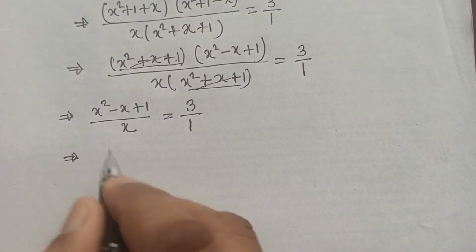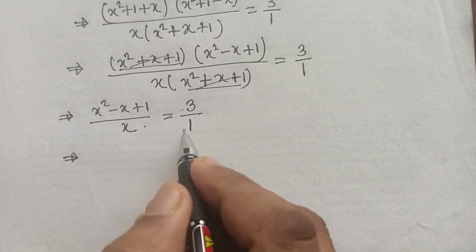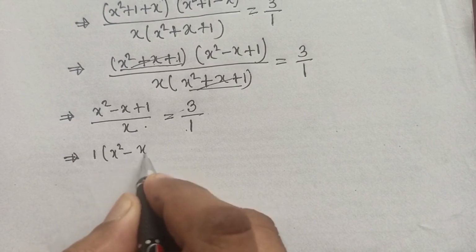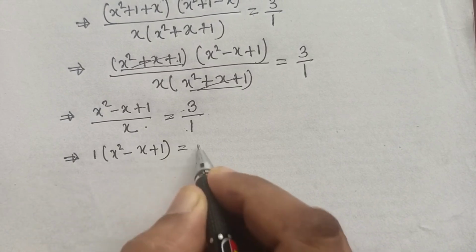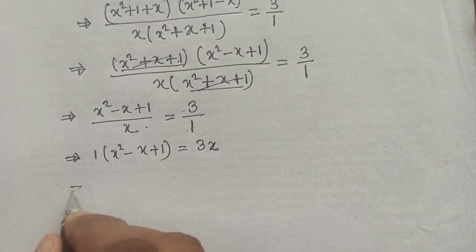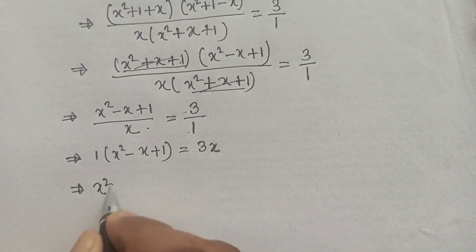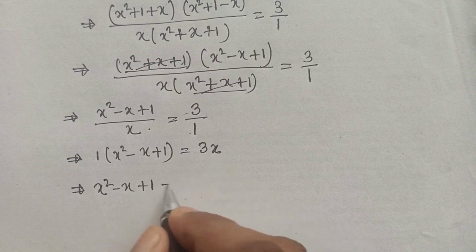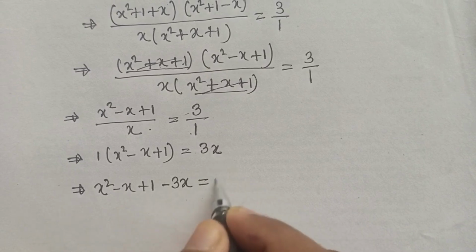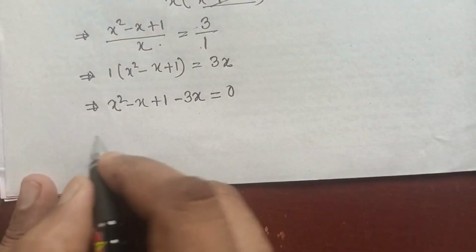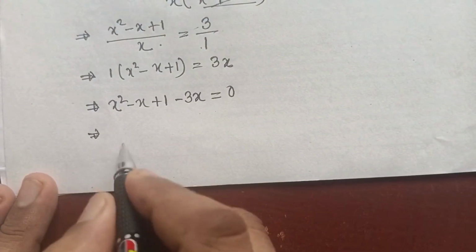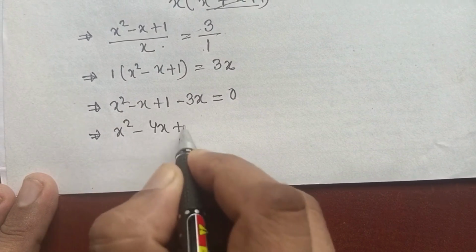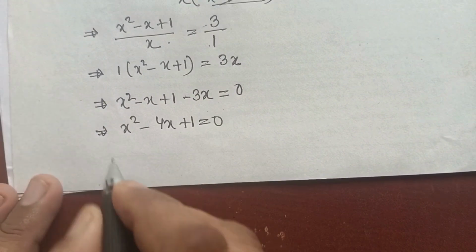So if we multiply that by x, the expression will be x^2 - x + 1 equals 3x. Moving this 3x to the left hand side, the equation becomes x^2 - 4x + 1 equals 0.